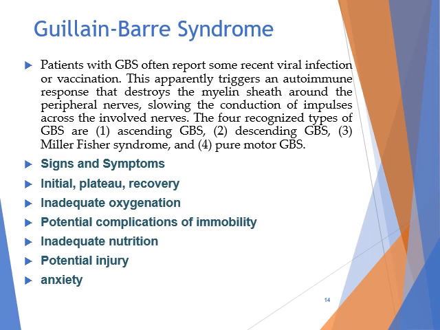The disease process may affect cranial nerves, resulting in visual and hearing disturbances. The muscles of respiration might be affected. So they require close monitoring because it can go slow, it can go fast. I came in one day, she was not on the ventilator, next day on the ventilator. So close monitoring of these patients.